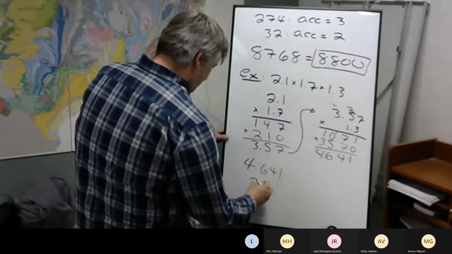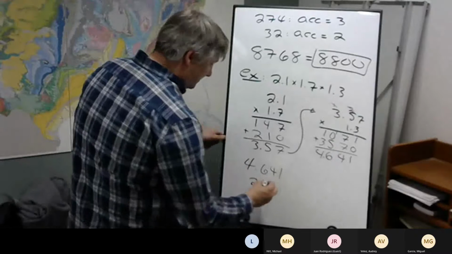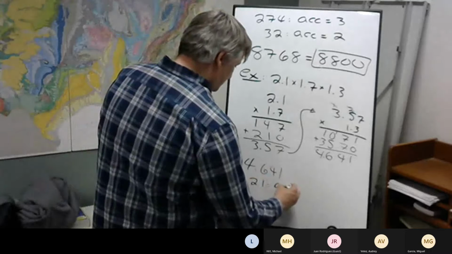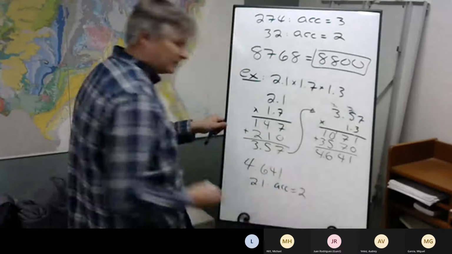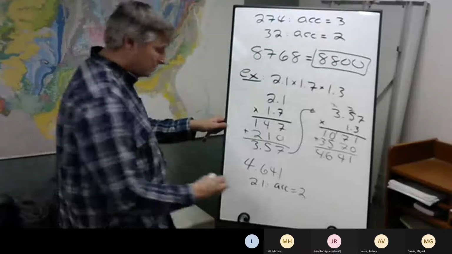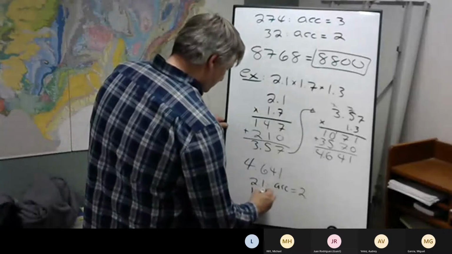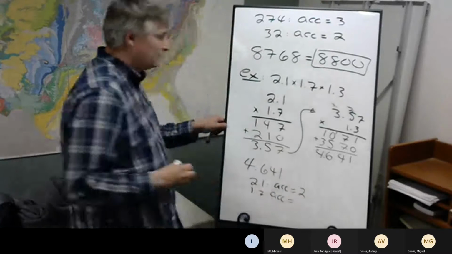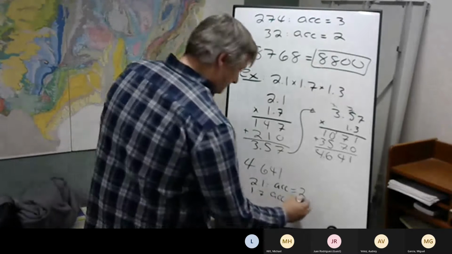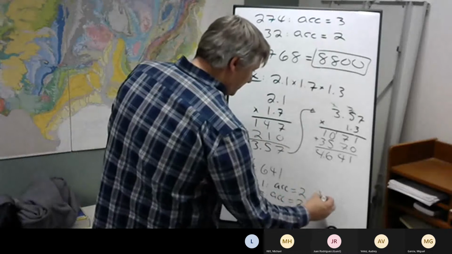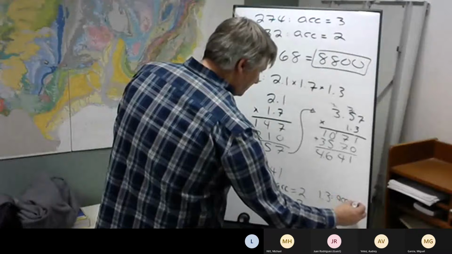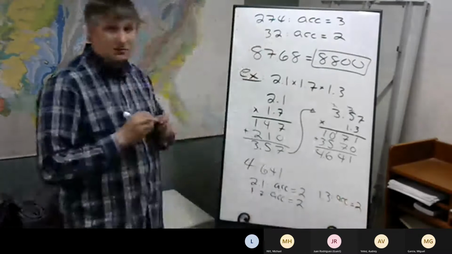So 2.1, and again, we're looking at the number of significant digits. The accuracy is 2. 1.7, the accuracy is again 2. And 1.3, the accuracy again is going to be 2.